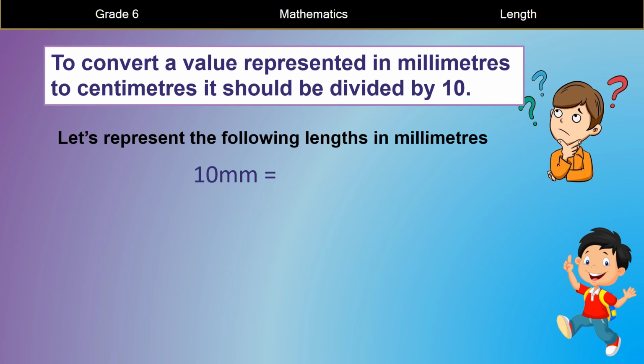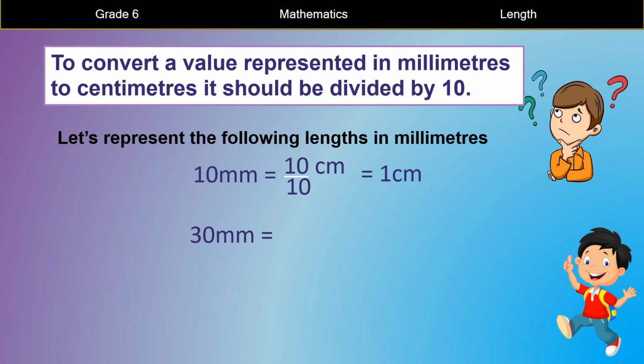Now we have to convert 10 millimeters into a bigger unit, so we have to divide. The relationship between millimeters and centimeters is 1 centimeter equals 10 millimeters, so we have to divide by 10. 10 divided by 10 is 1 centimeter.